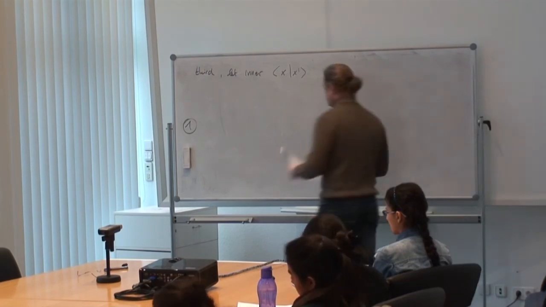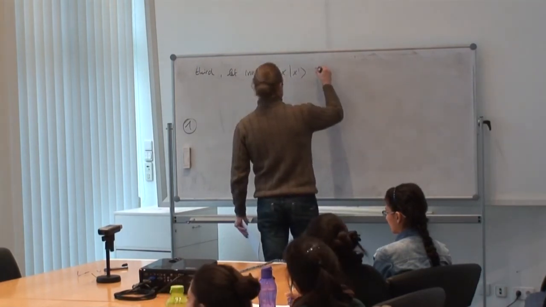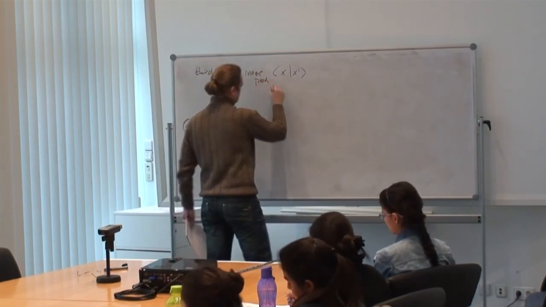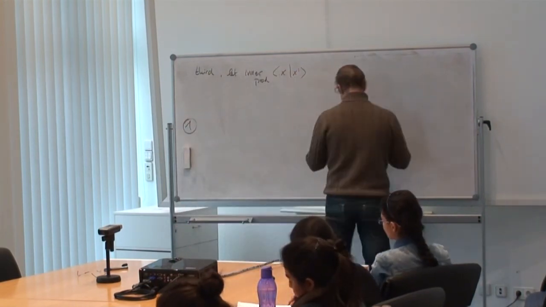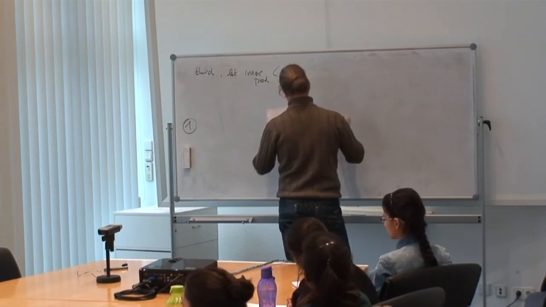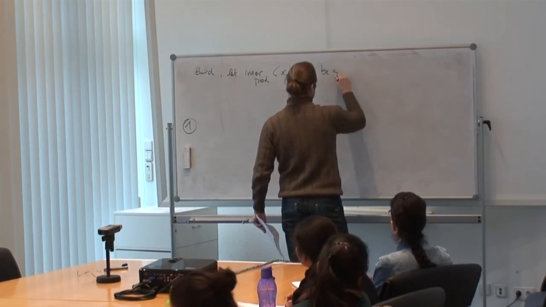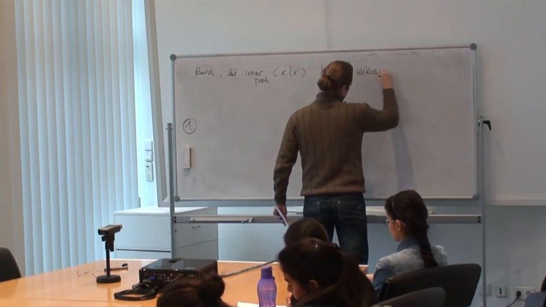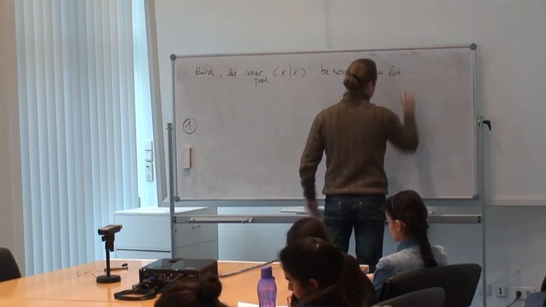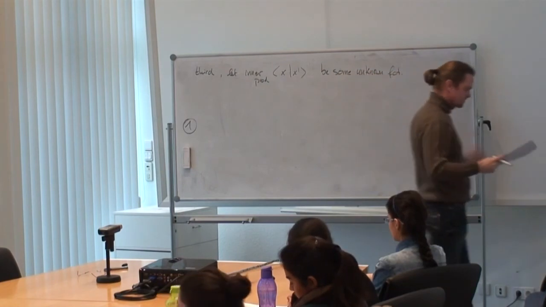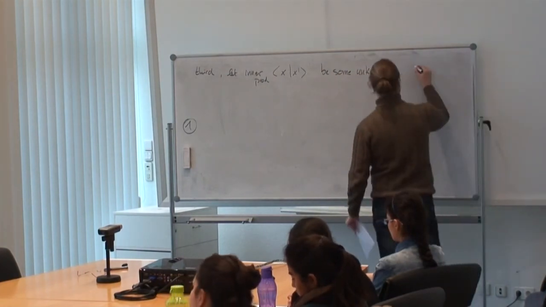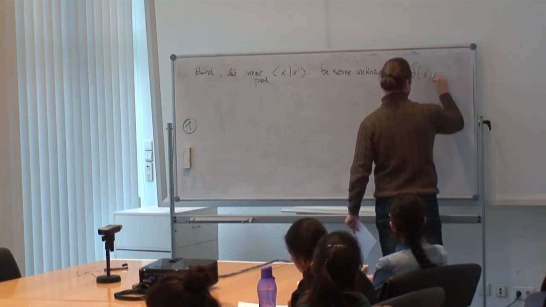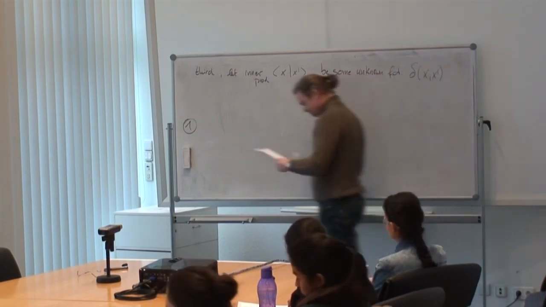I'll say let this inner product x x prime be some unknown function, and just for the fun of it, I will call this function delta of x and x prime.